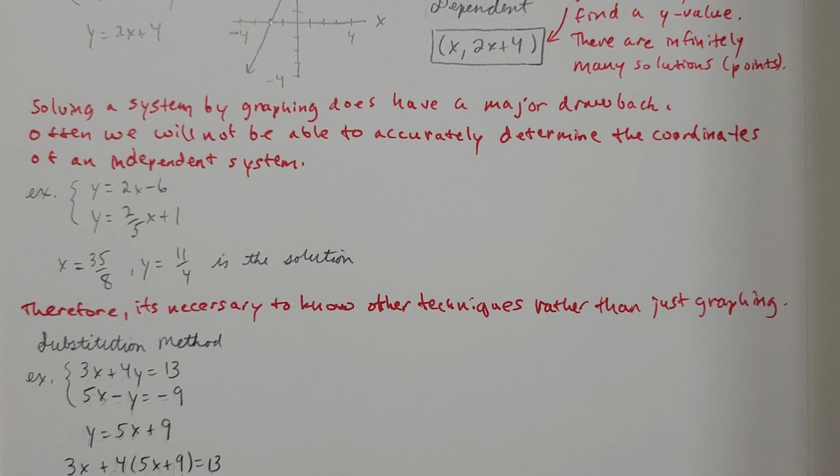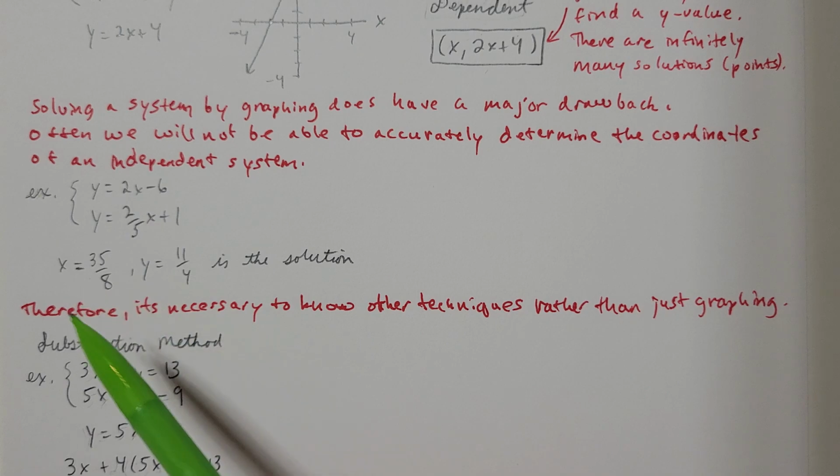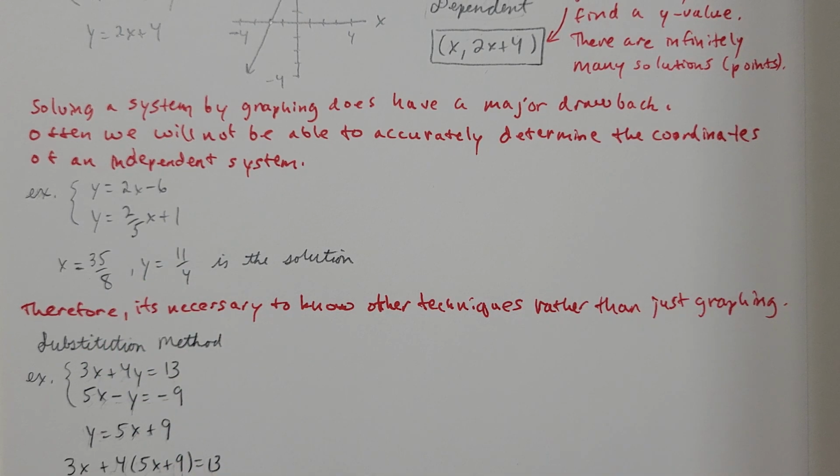Okay, now let me ask you, if I were to make a graph, do you think it would be easy to see this point? Or not really? I don't think it'd be easy at all to see this point. Okay, like if I'm using the graphing method, I'm usually selecting integer values for x and y, or maybe like a 1/2 or something like that.